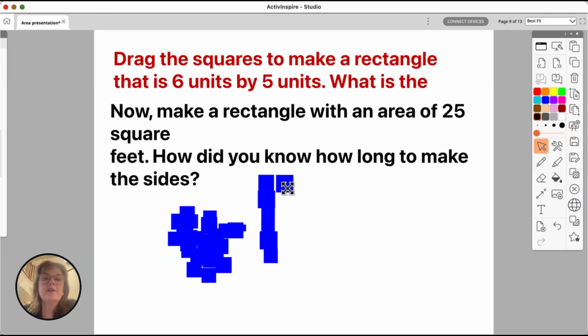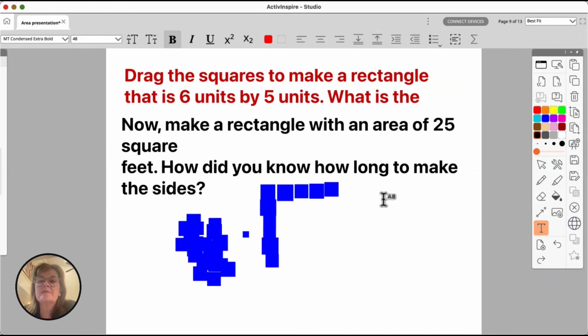So 1, 2, 3, 4, 5. All right, if we fill this completely in, we would have a rectangle that is what? 6 times 5. And what is 6 times 5? 6 times 5 equals 30.